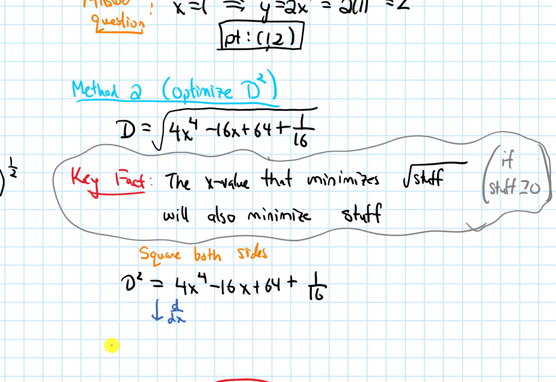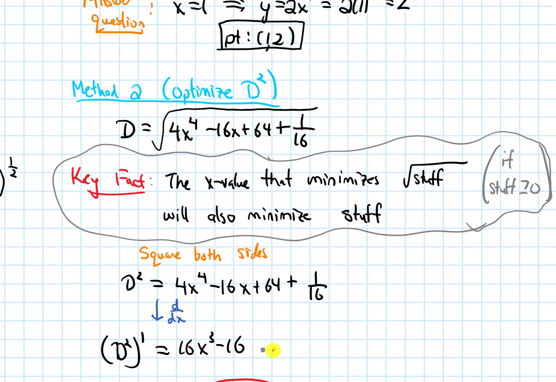On the left, we get the derivative of this d squared function, I'm just going to write d squared prime. And on the right, that derivative is going to be 16x cubed minus 16. So we are now just going to treat d squared like a function, like f or g, and we've gotten its derivative, and now we're just going to find the critical numbers of this function.